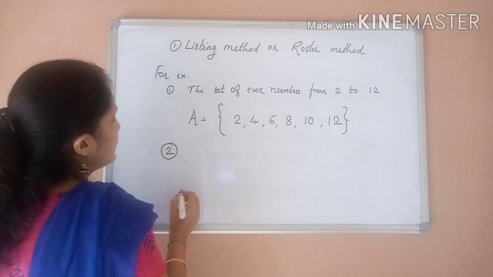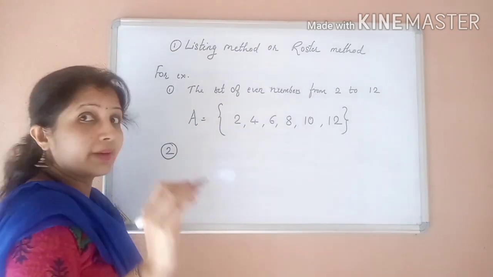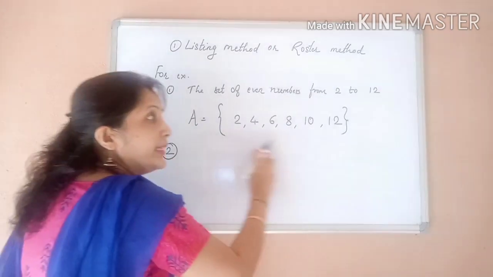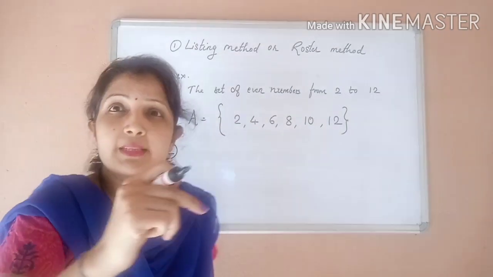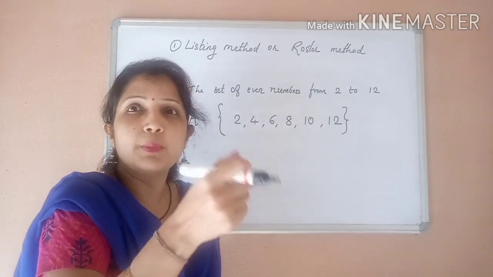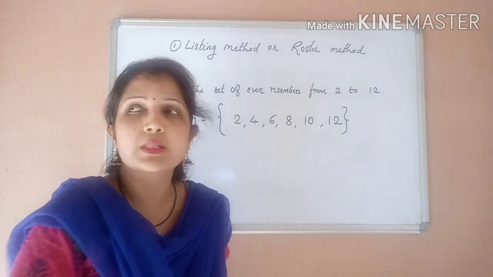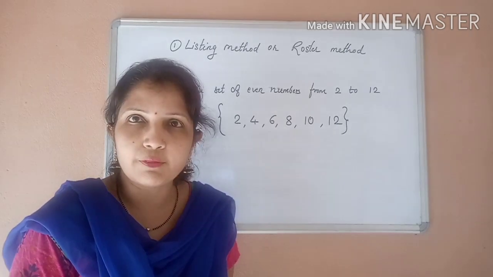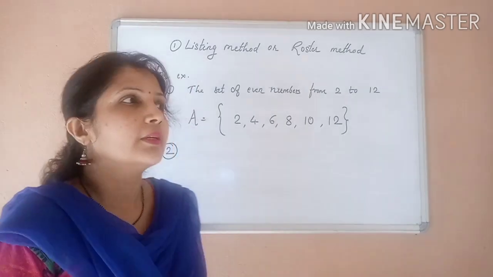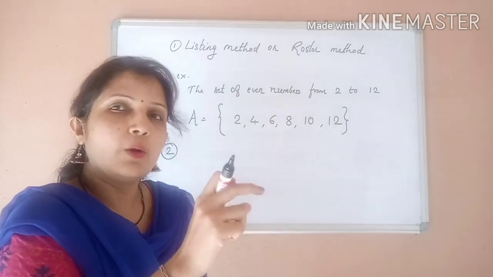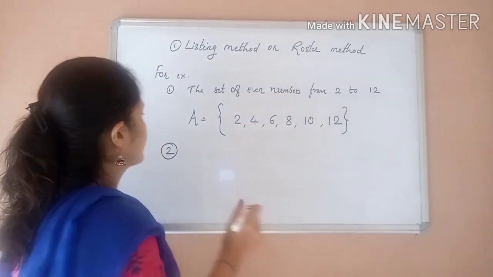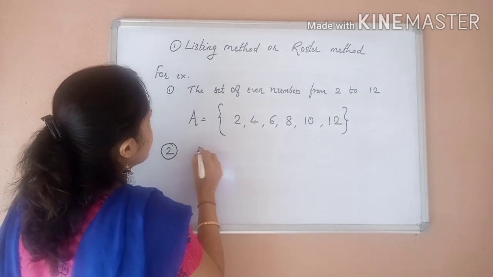One more example. I am writing now the question in the type of the next method which we are going to study after this, that is the set builder form, or rule method. Now I am writing the question in that form. Let's see.